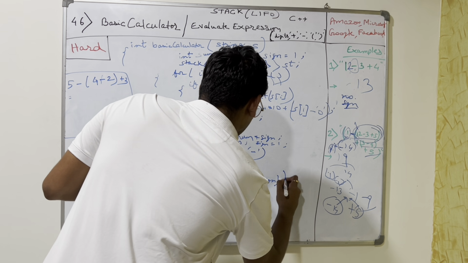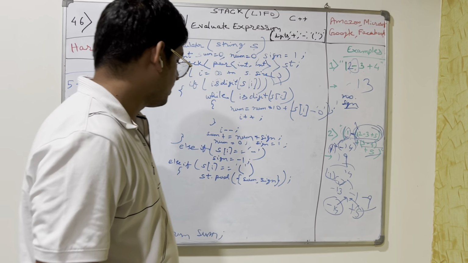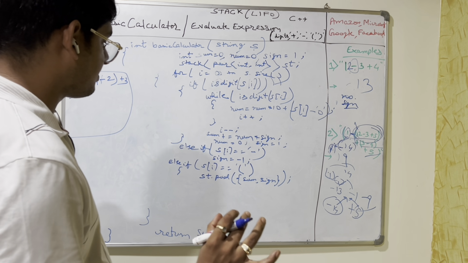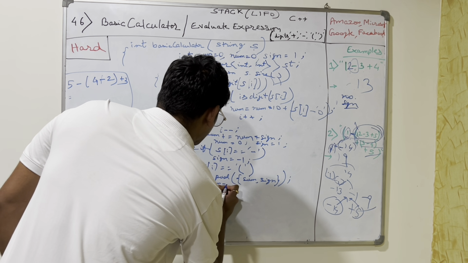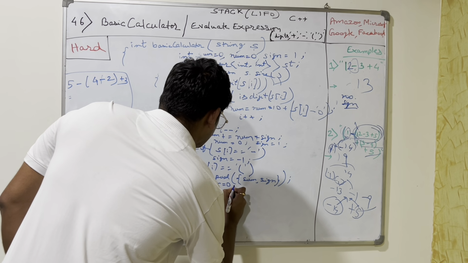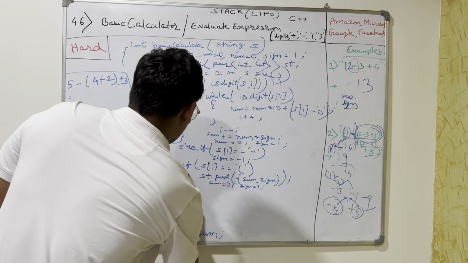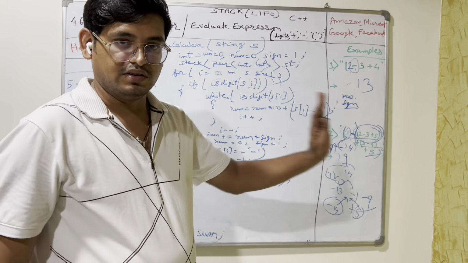So we push this sum and sign into the stack, and then once this is done, we'll make sum as 0 and sign as 1 again, so that the next operation can be done without thinking about this.